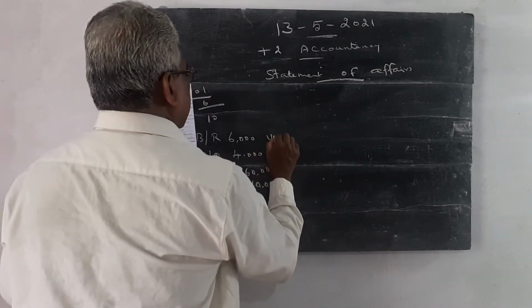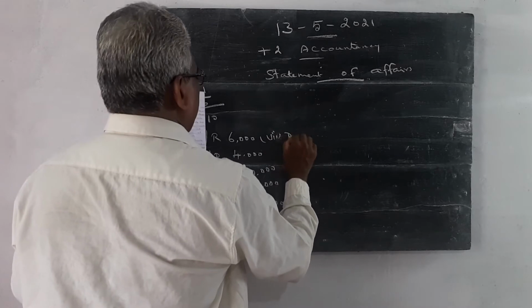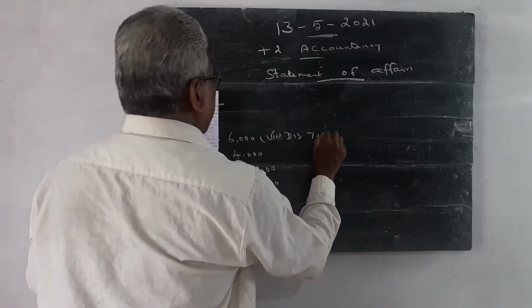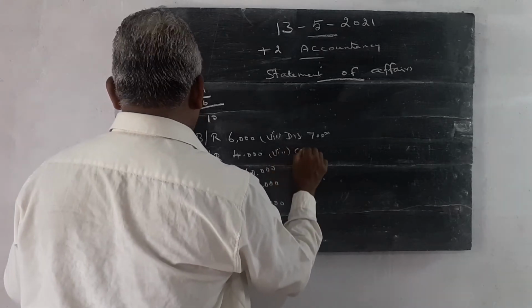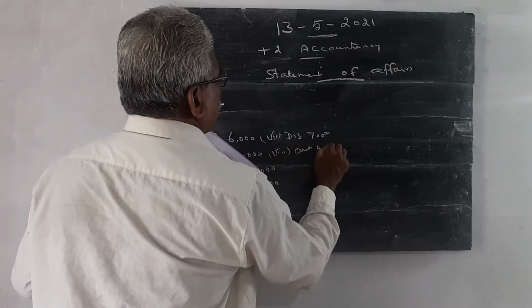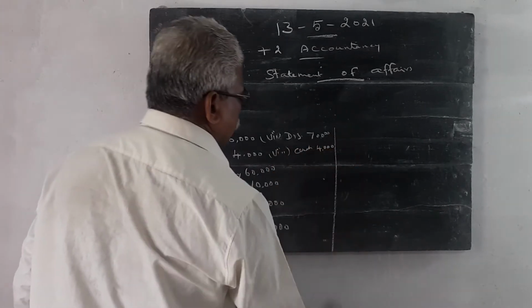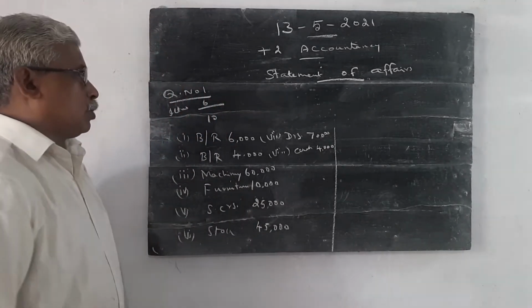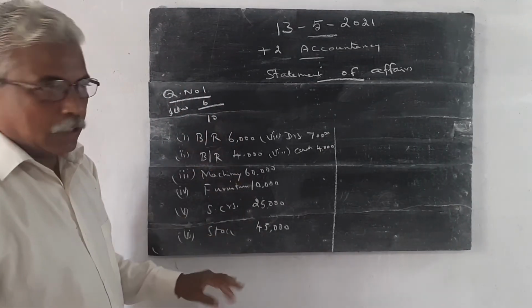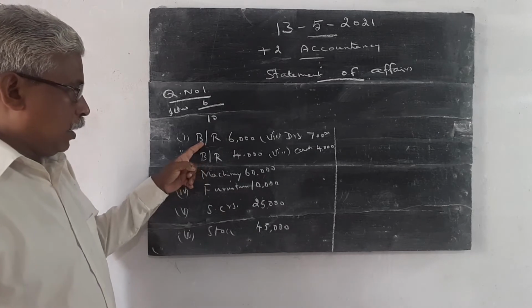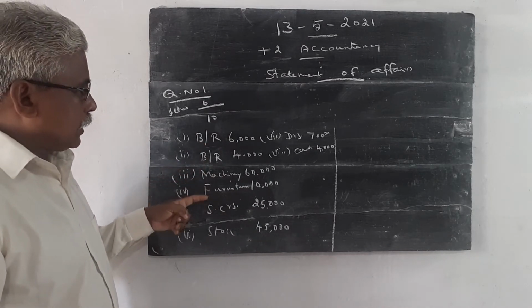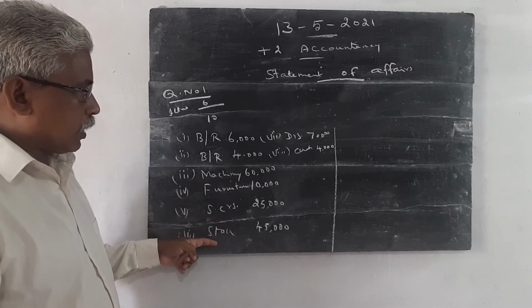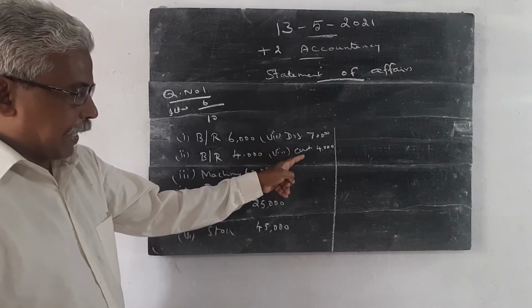And number 7, debtors 70,000. Number 8, cash 4,000. This is a question given in our textbook. Only 8 points are given: bills receivable, bills payable, machinery, furniture, sundry creditors, stock, sundry debtors and cash.